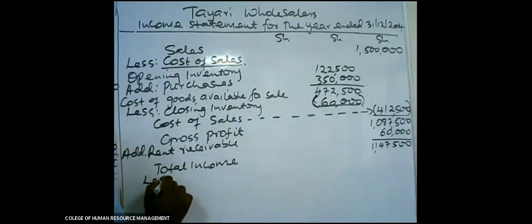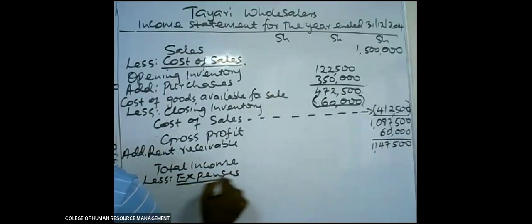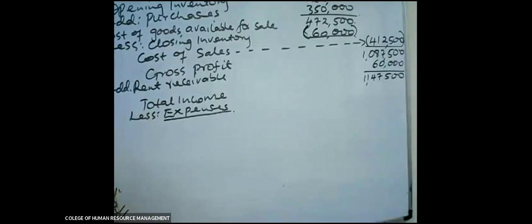Then from there, less expenses. Let us list them. What are the expenses that we incurred in generating this income? I would like to go to the additional information so that I can adjust what is meant to be adjusted. Bullet 2, motor vehicles are depreciated at the rate of 20% per annum.